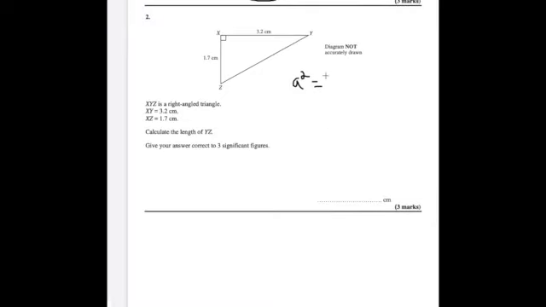The formula is A squared plus B squared equals C squared.